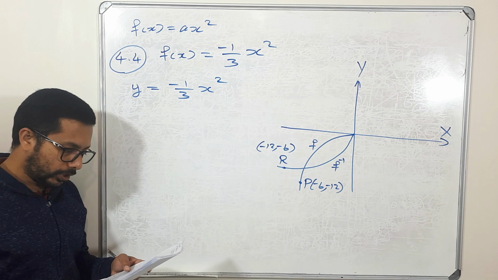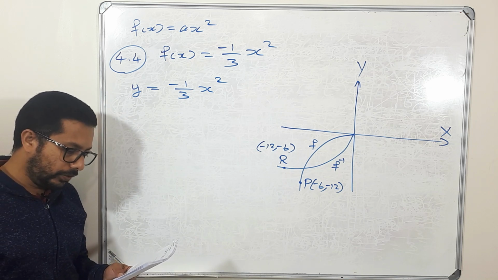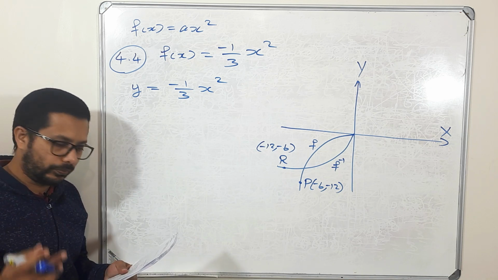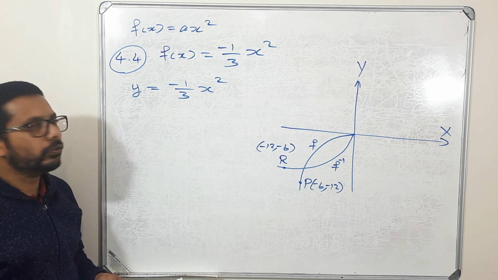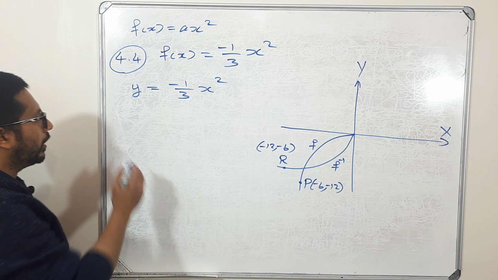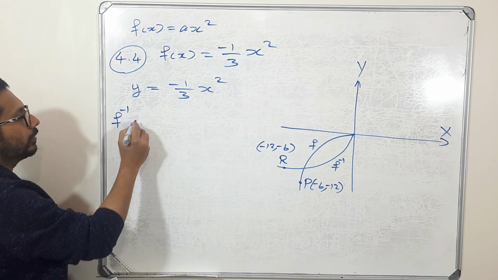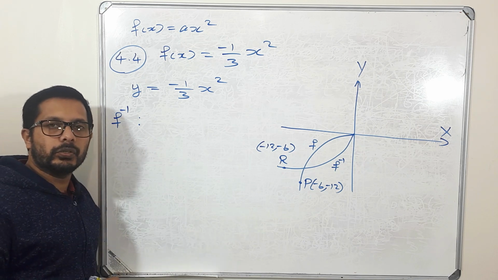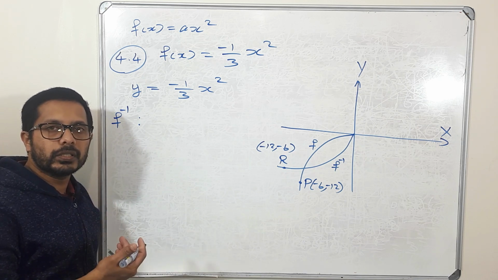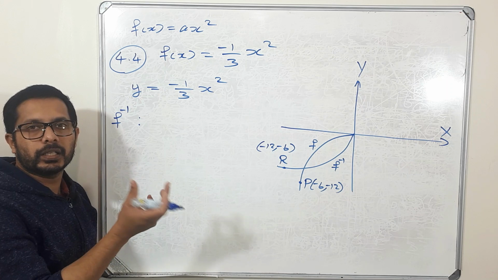Now look at the question once more. You have to find f inverse. Write down the equation of f inverse in the form of y is equal to. So how can you find f inverse? What you studied in your class? To find f inverse, you just swap x and y.